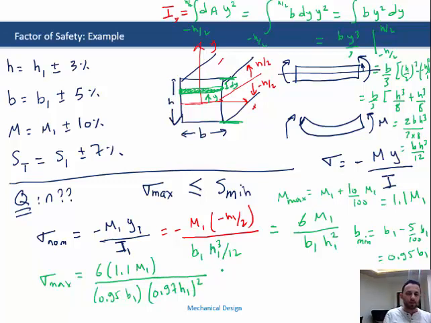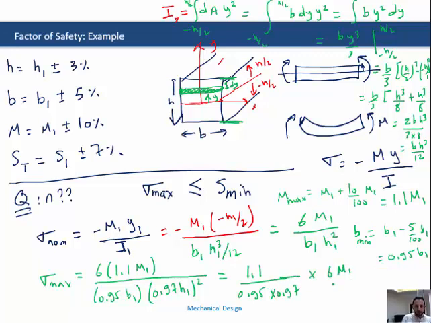Alright, we end up with 1.1 over 0.95 multiplied by 6m1 over b1 h1 square.